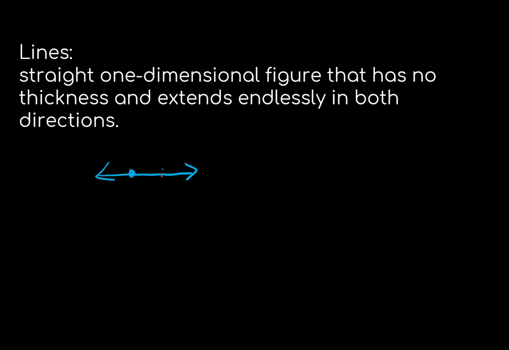We can name it line AB. Here's how you write it: put the AB and then a small line on top of that. So those are lines. Remember, they are one-dimensional and extend endlessly in both directions.